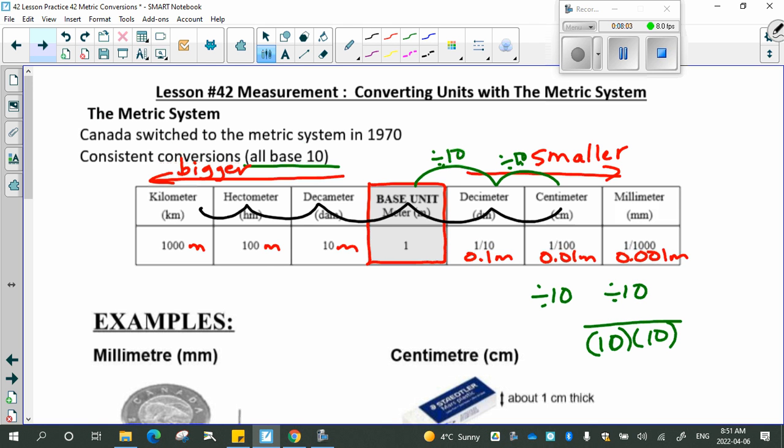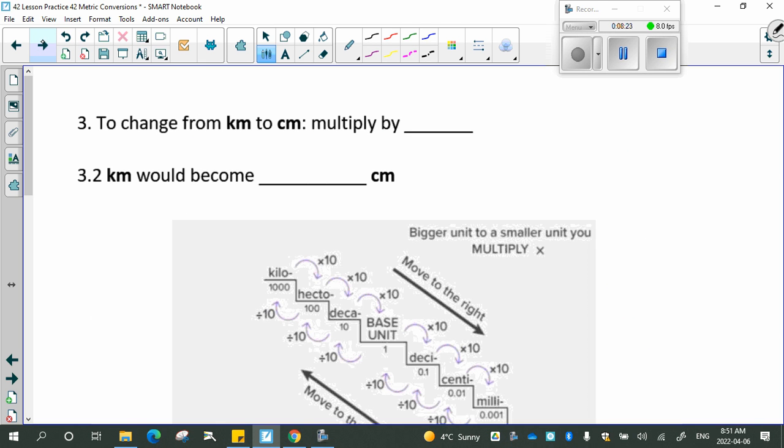So each of these 5, you're multiplying by 10, multiply by 10, multiply by 10, multiply by 10, multiply by 10. Okay? How many times are we multiplying by? 1, 2, 3, 4, 5. So times 10 to the 5th. Multiply by 10 to the 5th.